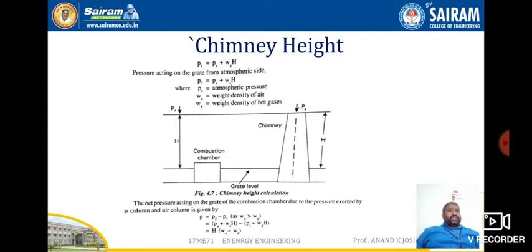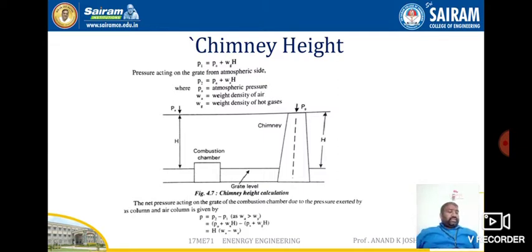You can observe this in the figure. The net pressure acting on the grate of the combustion chamber, due to the pressure exerted by the gas column and the air column, is given by the pressure balance, P = P2 - P1, because the weight density of the air is greater than the weight density of the gas.